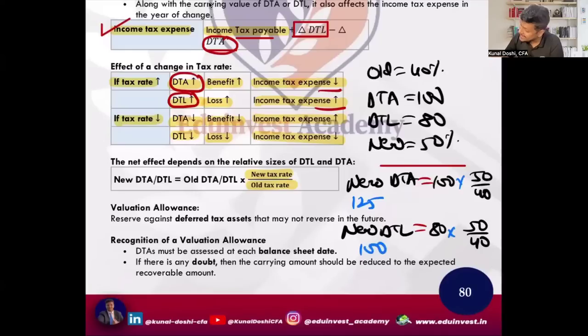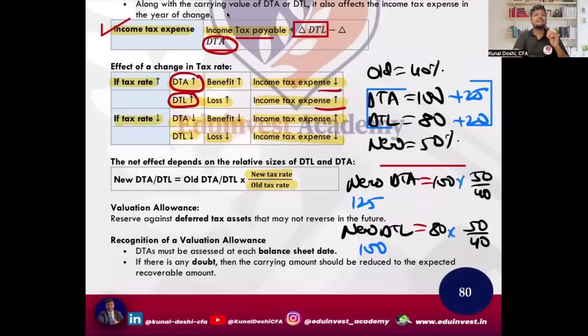So my DTA has increased by 25, my DTL has increased by 20. Since I had DTA more, my income tax expense will decrease by 25 and increase by 20. So the net effect will be positive, that my tax expense will go down only by 5. The net difference is 5. Understood?